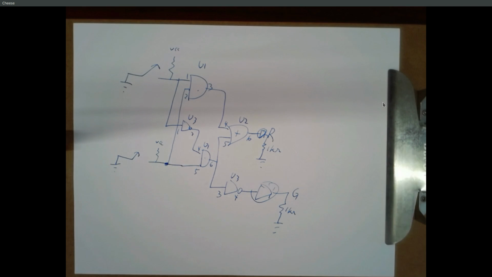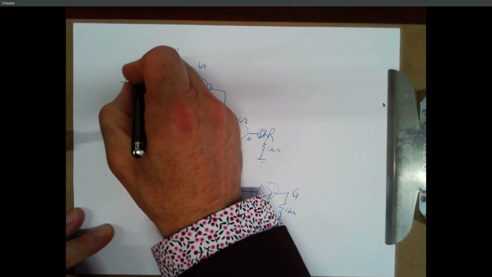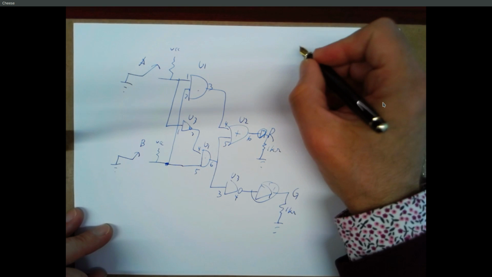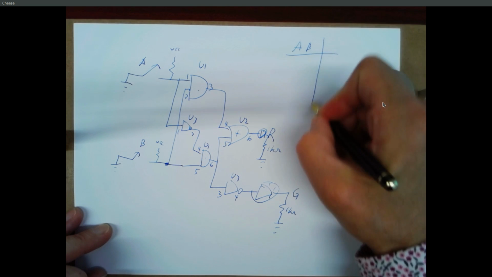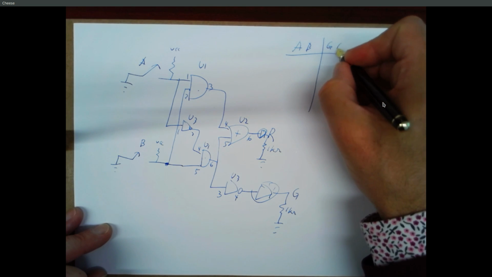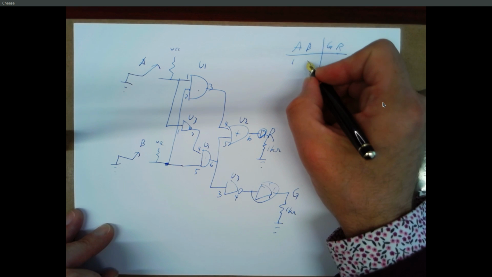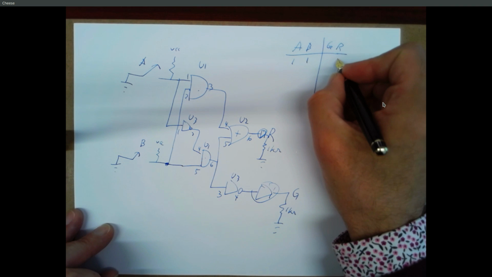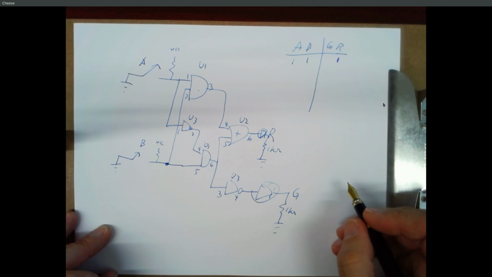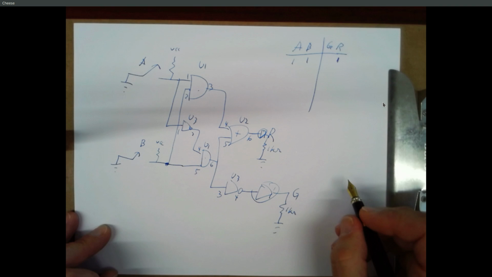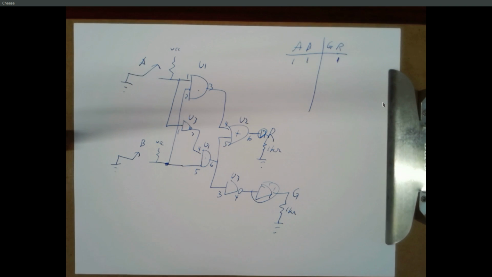So let's call this A and B, and you've got a truth table, and let's say if A is 1 and B is 1, then red should be 1, and I don't know what green should be.